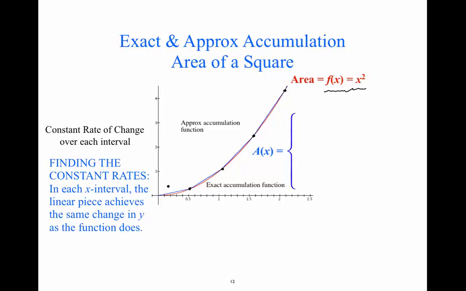Okay, we'll call them M1, M2, M3, and M4. How do you calculate constant rate of change? And then do it 4 times.